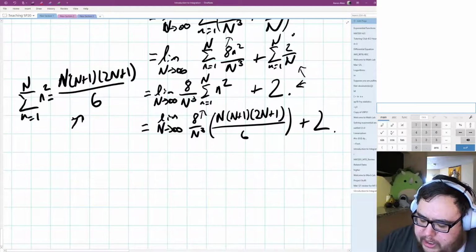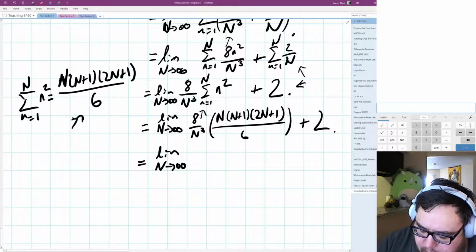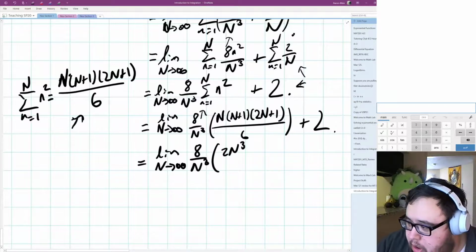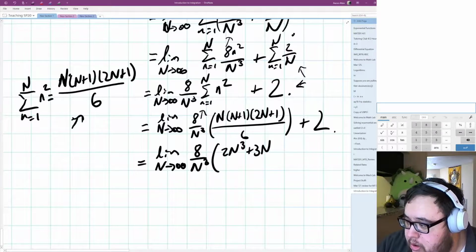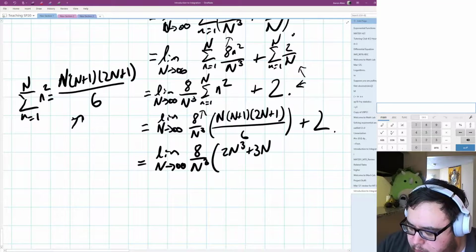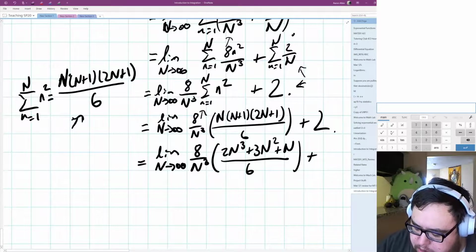So out here, I want to FOIL out this numerator. We're going to end up with the limit as big N goes to infinity of 8 over N cubed times 2N cubed plus 3N squared plus N divided by 6, still plus 2.